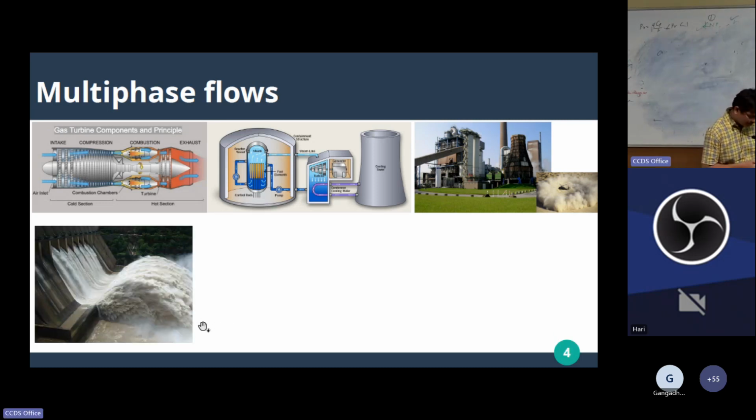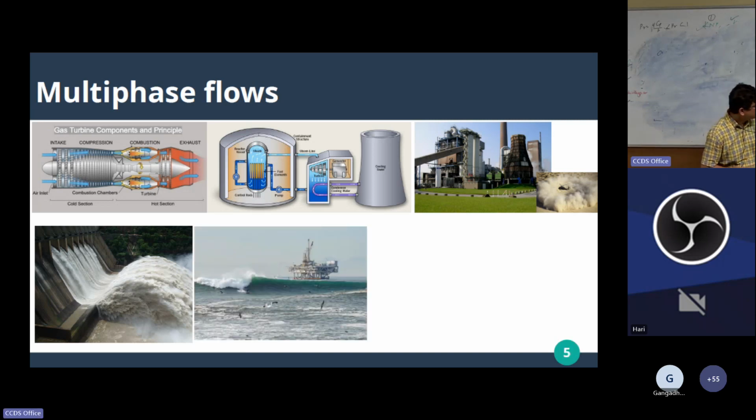Even if you are looking at environmental issues, something like hydraulic jumps, you will have many complex interfaces usually involved with turbulence. Even offshore structures: when you are looking at waves, it is not just about turbulence. The waves and their impact are a natural choice for multi-phase flows interacting with these structures.